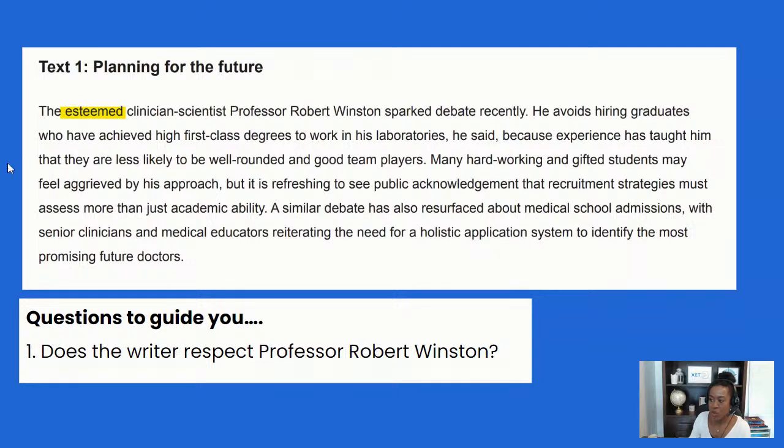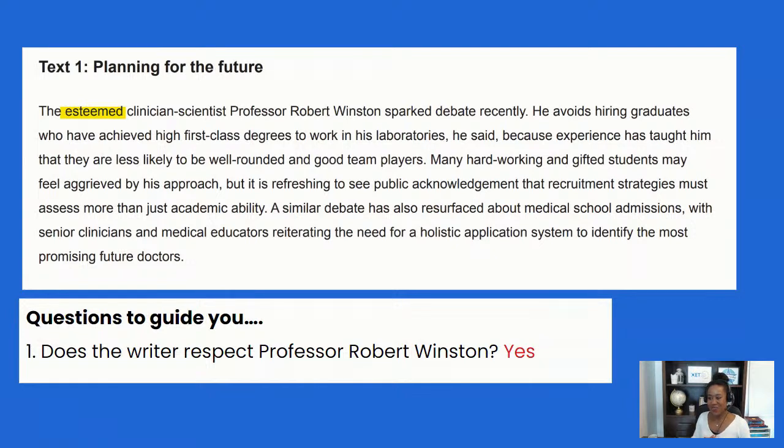Okay? So, what do you think? Does the writer respect Professor Robert Winston? What are your thoughts? Okay, let's see if you're in agreement with me.